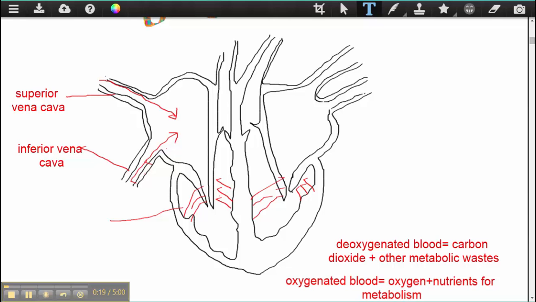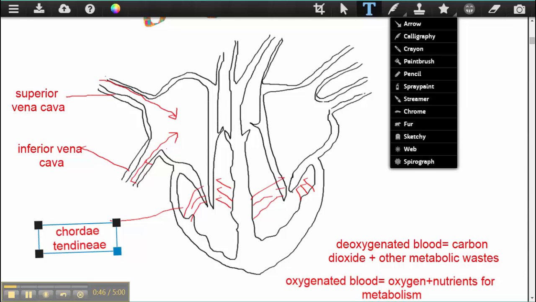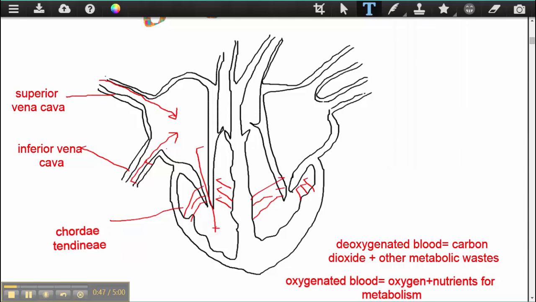These tendons are called chordae tendineae. When these tendons contract, the valves open and the blood rushes into the ventricle.